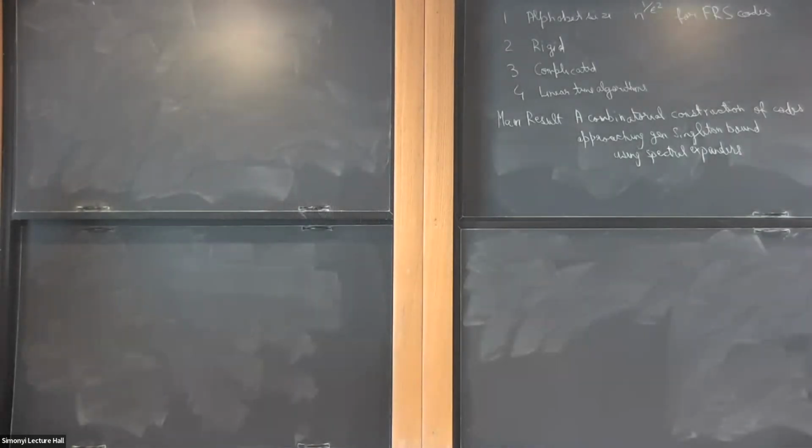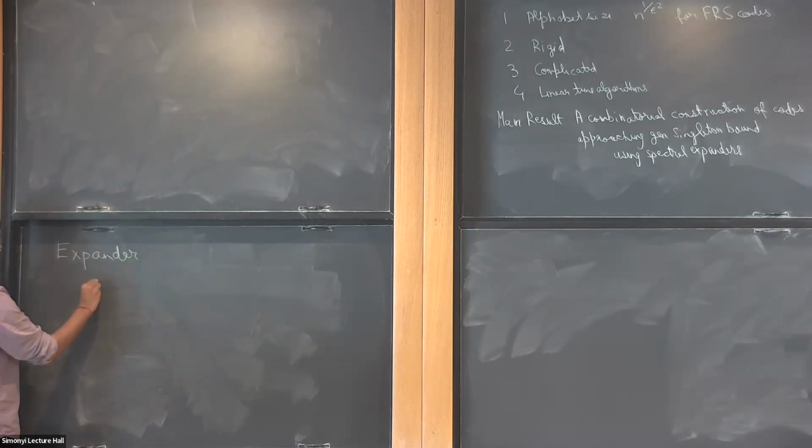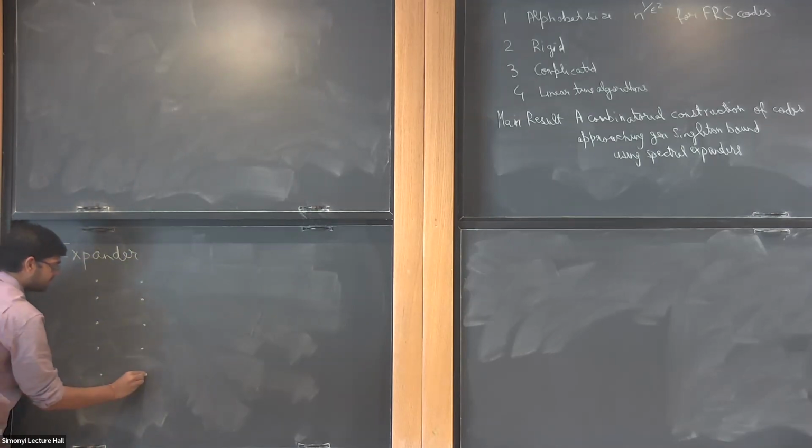Wanted to get to the combinatorial construction. Let me start by reminding you what expander graphs are. We'll only be using bipartite expanders. Bipartite constant degree regular expanders.